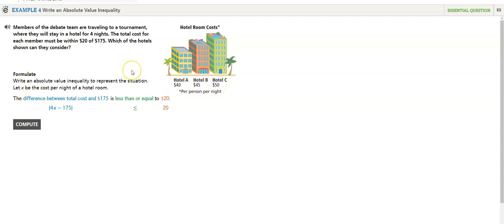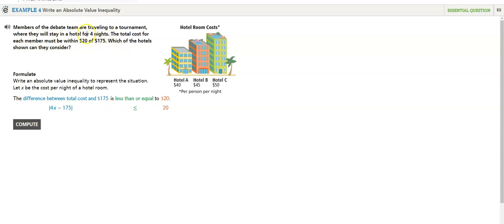First thing we have to do, and this is the thing that I know we struggle with sometimes, is we have to write the equation based on the situation. So in this case, we're writing an inequality, an absolute value inequality, okay? X is going to be the cost per night of the hotel room. We know that the total cost for each member must be within $20 of $175.